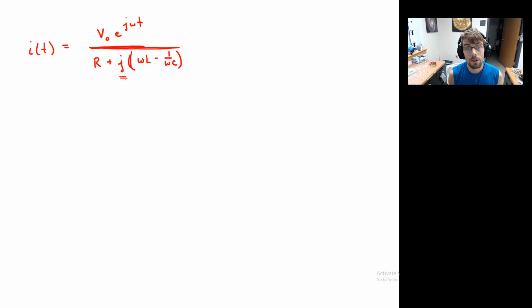I am going to multiply both top and bottom of the equation by the complex conjugate of the denominator. In other words, I'll do this again. This is why I introduced the complex conjugate, not to make your life difficult, because it's actually useful here. I'm going to replace j with negative j, omega L minus 1 over omega C, divided by the complex conjugate.